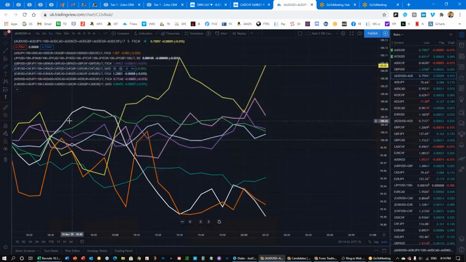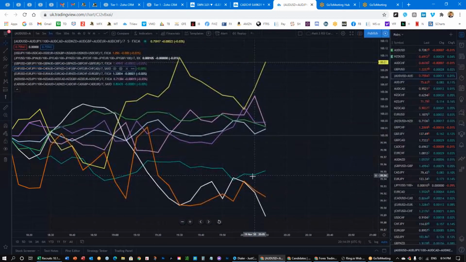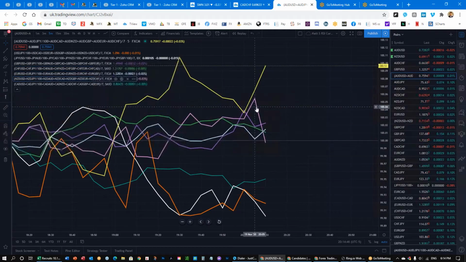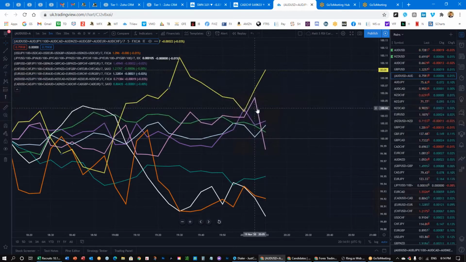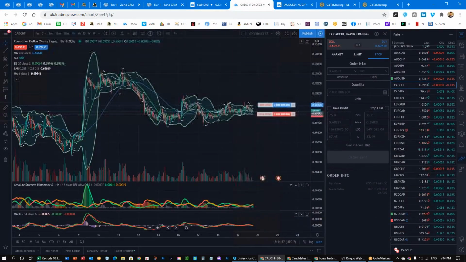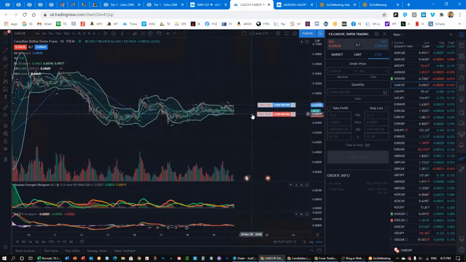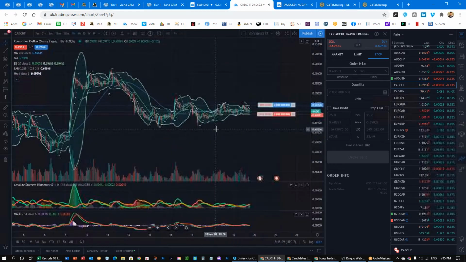The Swiss is kind of just even keel, and then the CAD is this lighter one, and it's kind of drifting down. Ooh, there might be a trade right there. Man, Aussie Kiwi might be a very good trade right now. We should look at that. While we have this on, you can see that the CAD is drifting down and the Swiss is just kind of remaining even keel. That's why this price action has been drifting down.